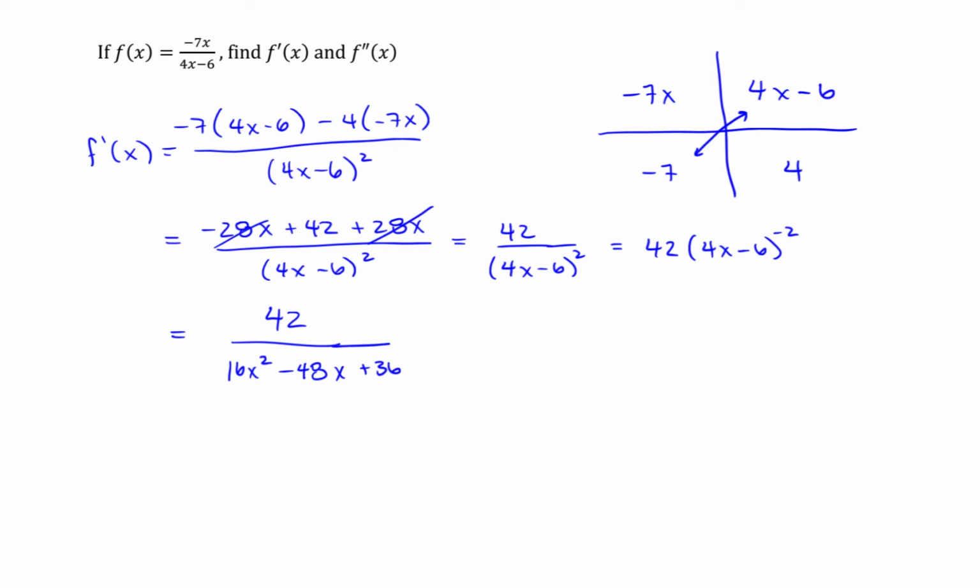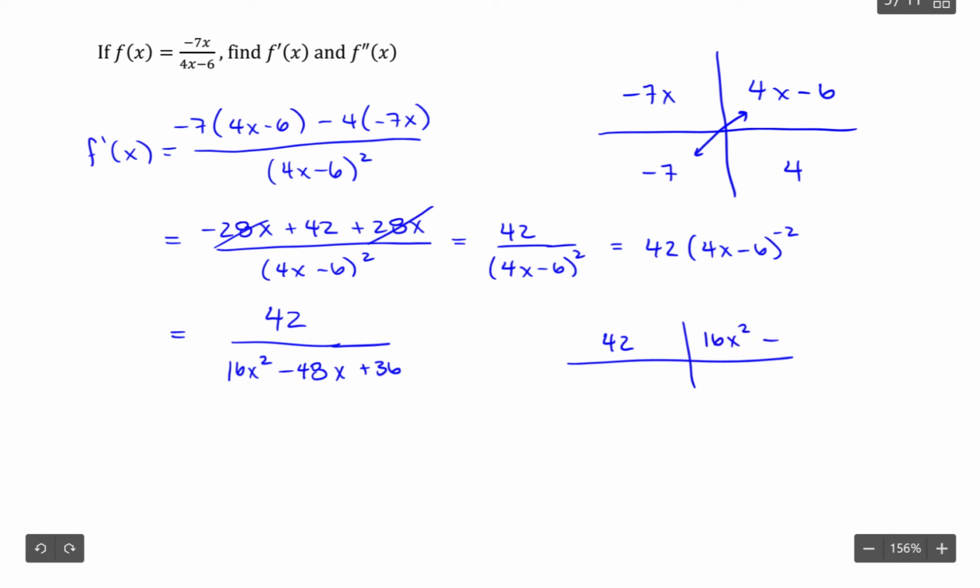And now we could either rewrite this using product rule, or probably a bit easier to get the second derivative using the quotient rule again here. So 42, then 16x squared minus 48x plus 36. The derivative here is 0. The derivative here is 32x minus 48.